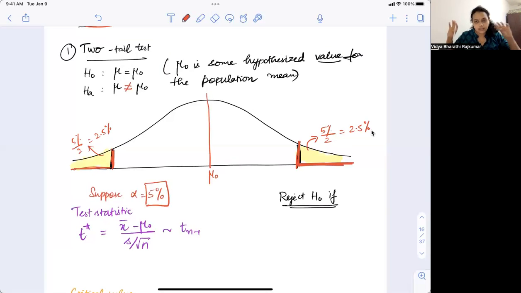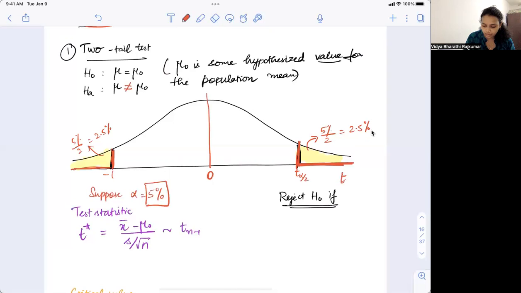Because values in either of these tails have a very, very small probability of showing up. And therefore, if I end up getting a test statistic, okay, so here instead of mu naught, I'm going to put this as 0, and I'm going to call this a T distribution. Okay, so this is T alpha by 2.